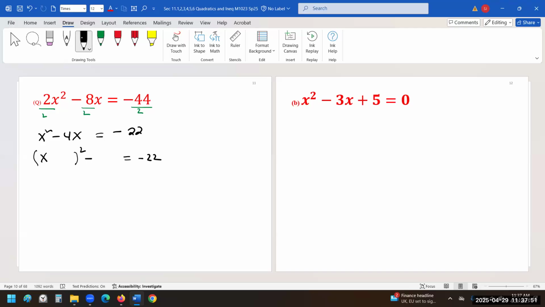Typically square, you get square, and then you get square. Anytime you're completing the square, and then you have two sides.